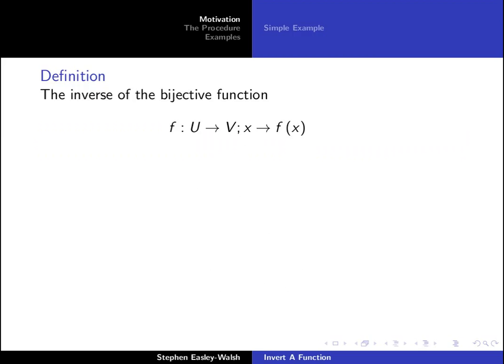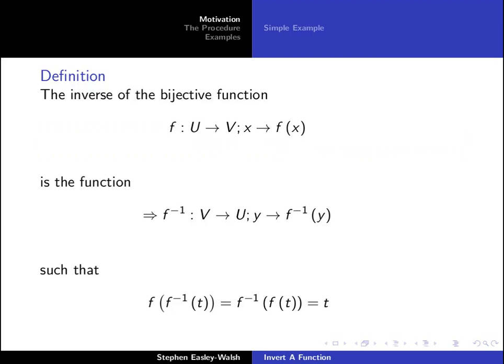The formal definition is: the inverse of the bijective function f from U to V, x to f(x), is the function f^-1 from V to U, y to f^-1(y), so that the following property holds: f^-1(f(t)) = f(f^-1(t)) = t. That is, f and f^-1 cancel regardless of the order.